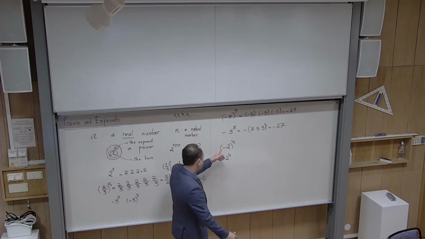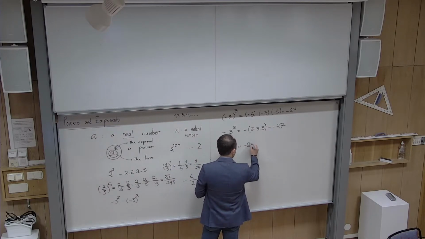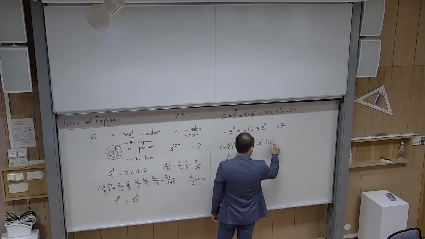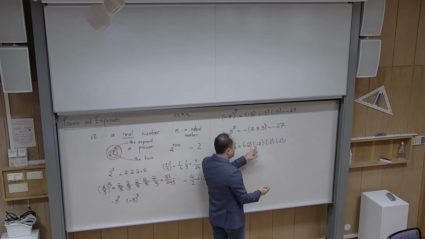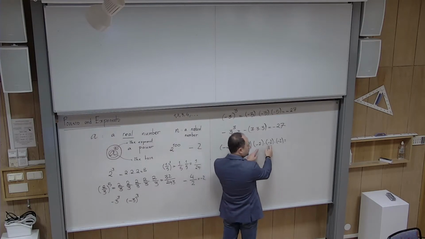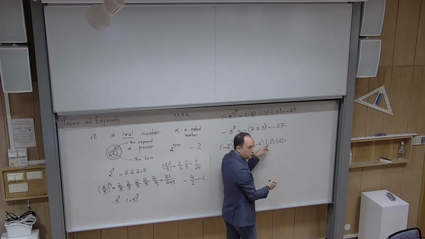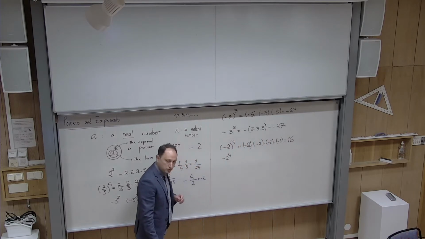So this means that I have to take the base, which is minus 2 in this case, and multiply it by itself how many times? 4 times. Yes? But here, minus 2 times minus 2, positive 4. Positive 4 so far, multiplied by negative 2, negative 8. Negative 8 so far, multiplied by another minus 2, positive 16.